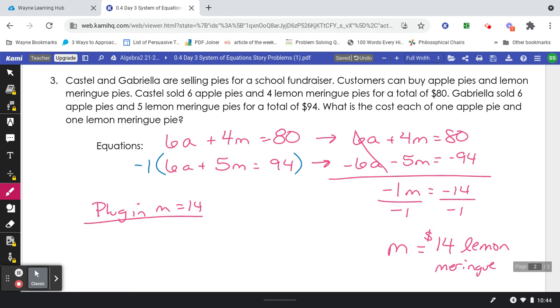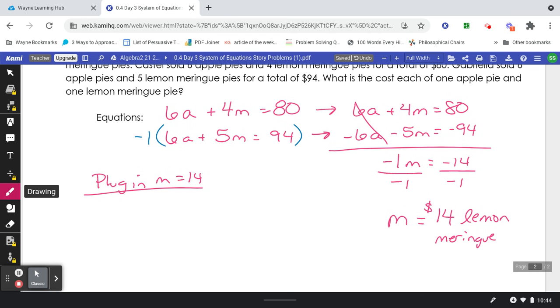I'm going to plug in m equals 14 now. As I look at both of these equations, neither of them looks particularly easy to plug into, so I'm just going to use the top number. 6a plus 4, and I'll plug in my 14 for m, equals 80. And just carefully multiply.